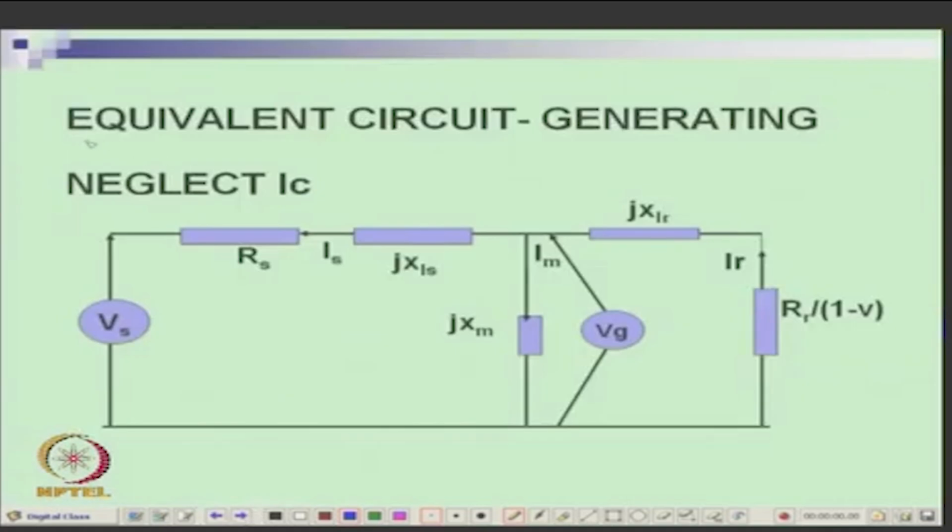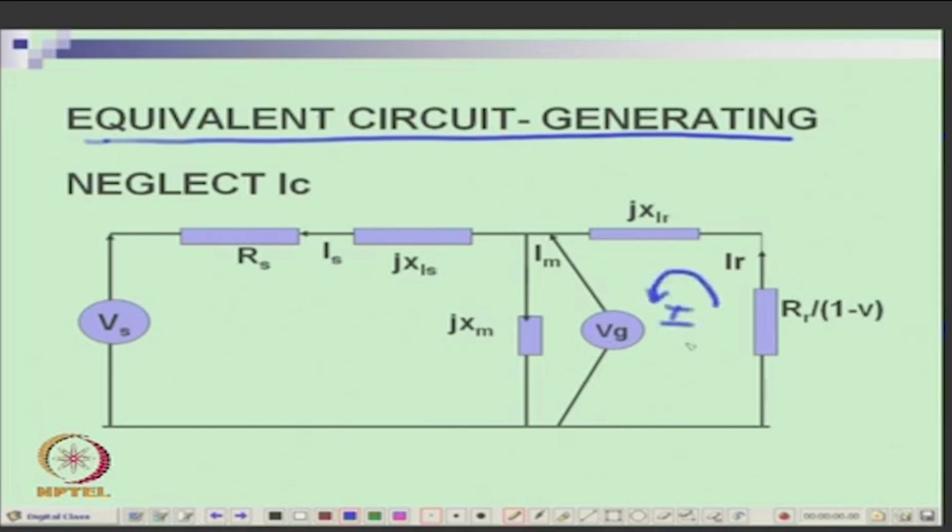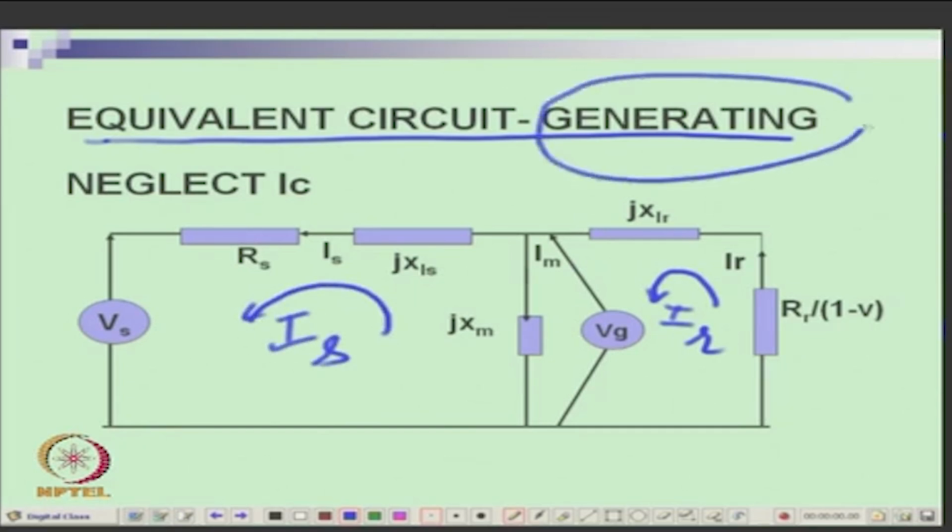Therefore, equivalent circuit of generating, supposing if you have generating convention neglecting IC, what will happen? Then the currents will now be like this. This is the generating convention. Have you understood what is meant by generating convention and motoring convention?